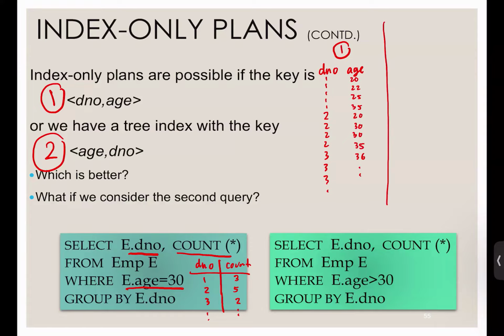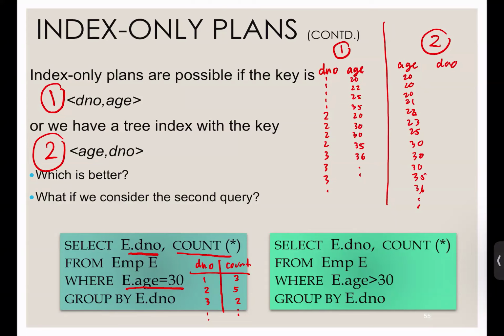This is 1. Number 2, we have age and DNO. So we start with age 20, 20, 20, 21, 23, 22, 23, 25, 30, 30, 30, 35, 36, whatever.